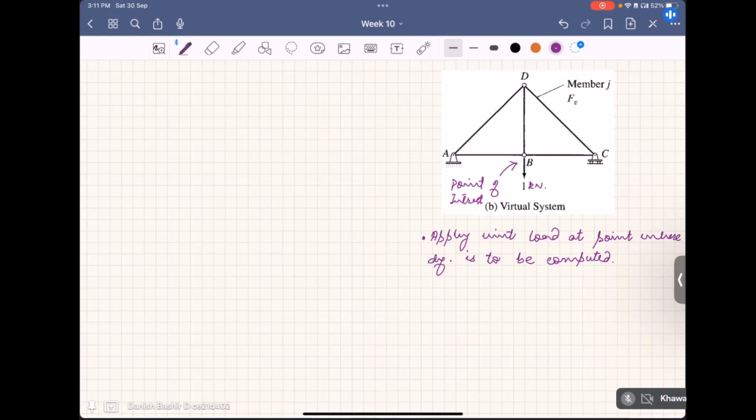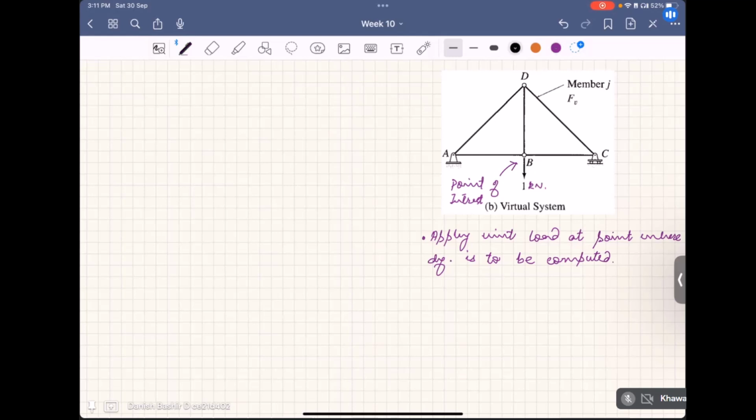So we applied the fictitious load of 1 kilonewton at point B. What we will do is allow our real system, whatever deflection happens in the real system, to go through these virtual systems of forces. So what will be the work done?